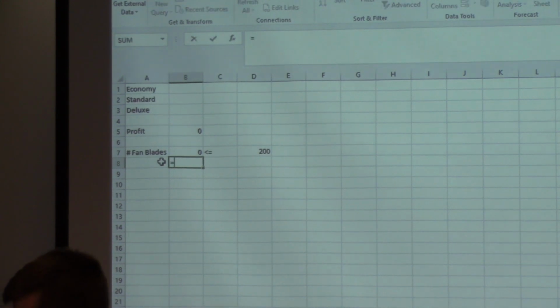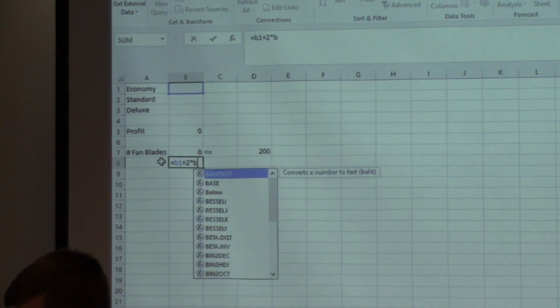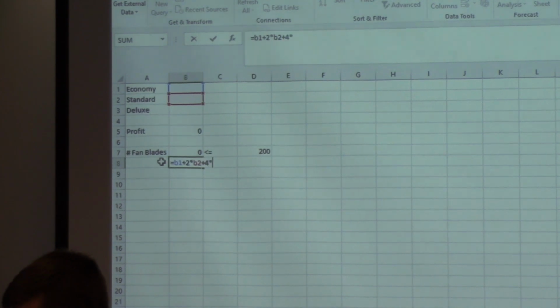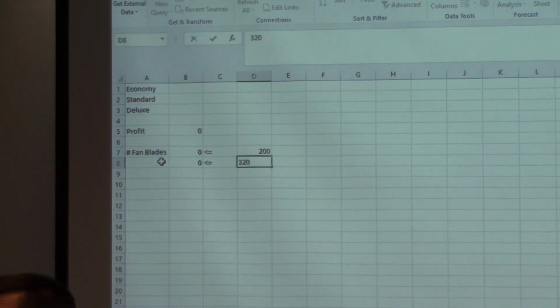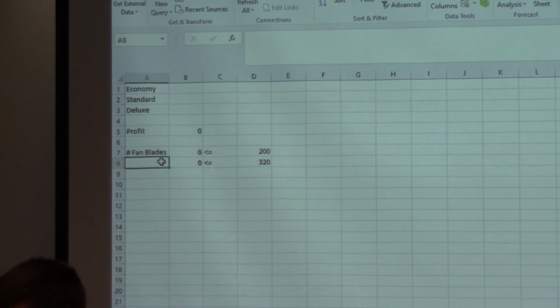The next constraint I have is B1 plus 2 times B2 plus 4 times B3. What was that constraint? Had to be less than or equal to 320. Cooling coils. Okay. Number of cooling coils.